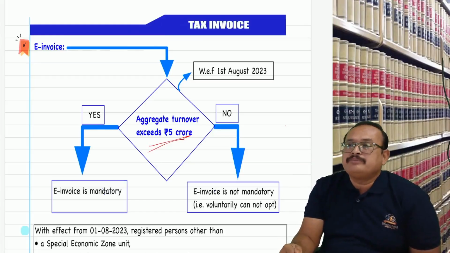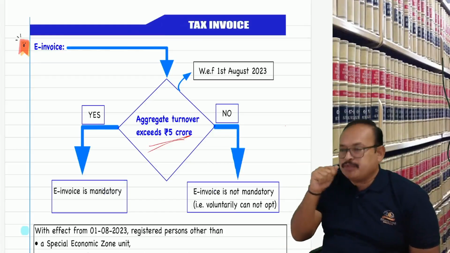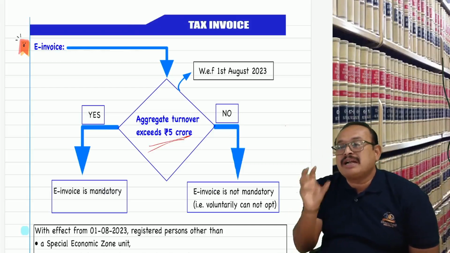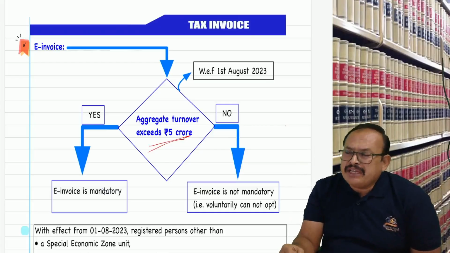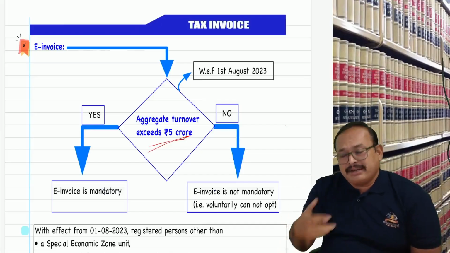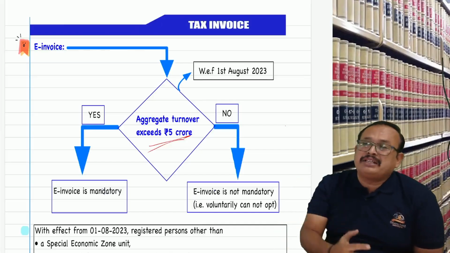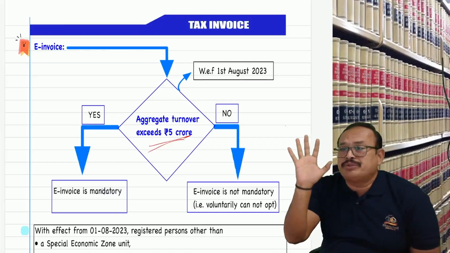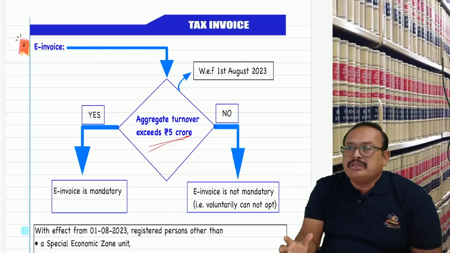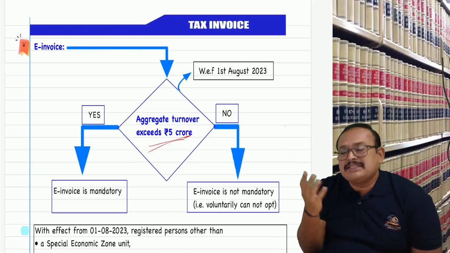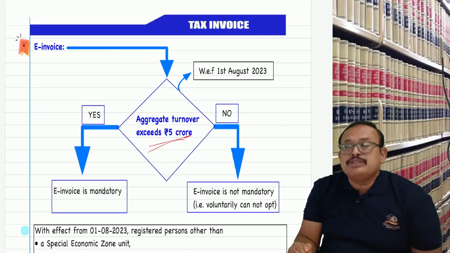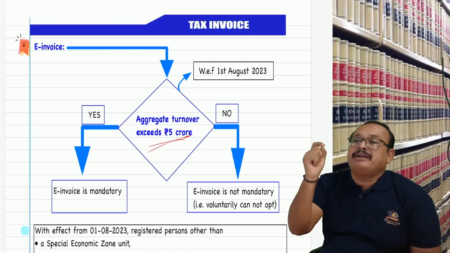E-invoice is applicable to business to business (B2B) transactions, that too taxable supplies, where the turnover of a registered person in the preceding financial year exceeded 5 crores. Aggregate turnover, taxable as well as exempt together, exceeds 5 crores on an all India basis, and such taxpayers are mandated to issue the e-invoice, which is mandatory.